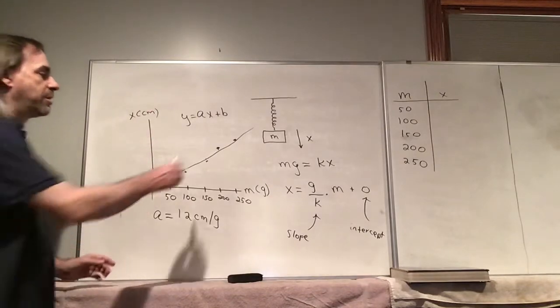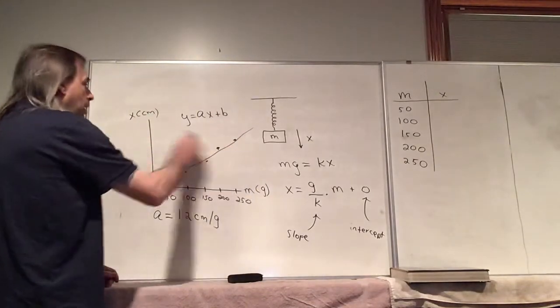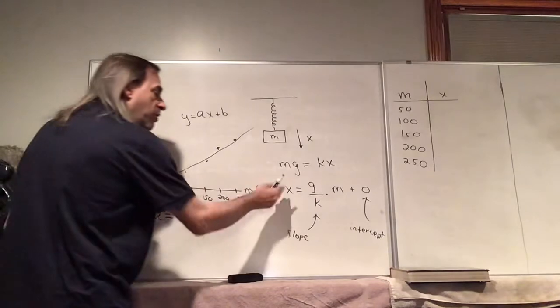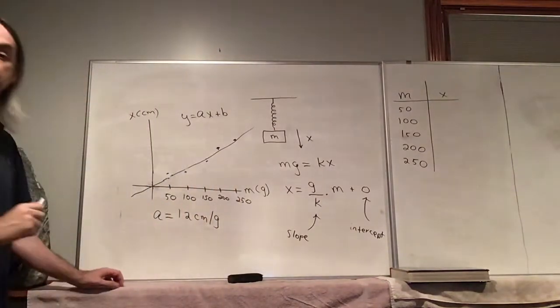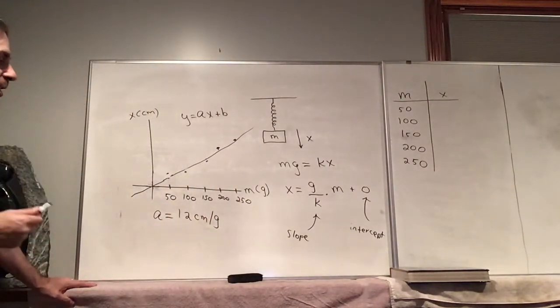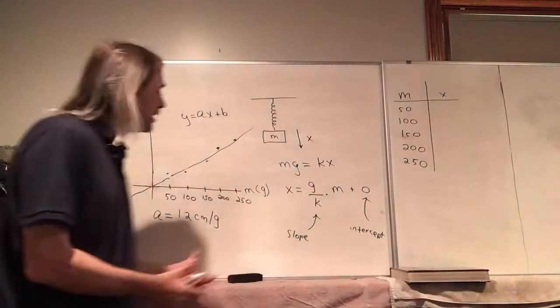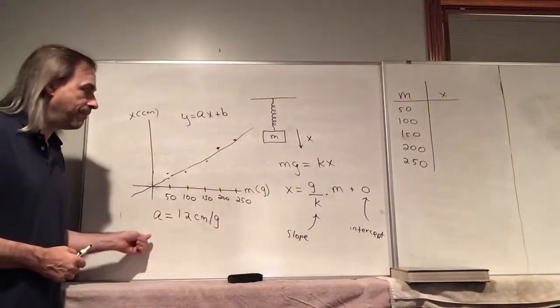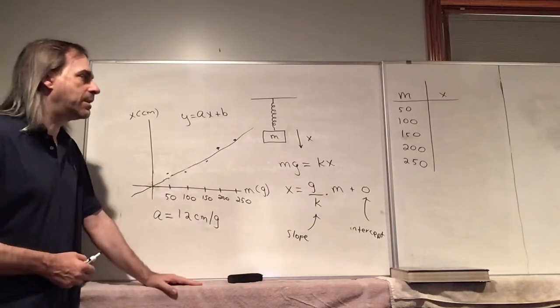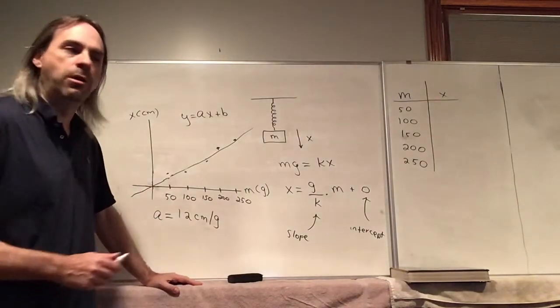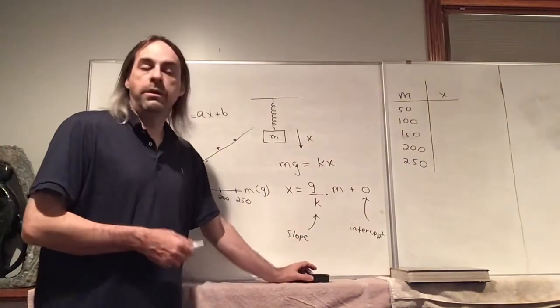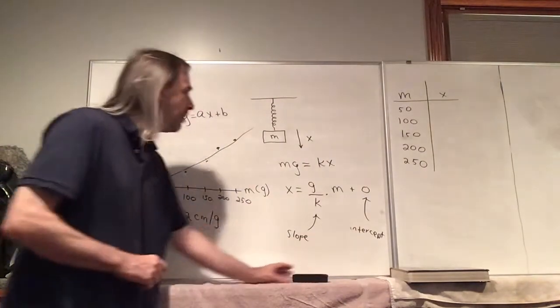And again, it's a slope. So remember, slope is a change in the vertical scale, which is in centimeters, over a change in the horizontal scale, which is in grams. So what we do with the data, we take this table, we plot it and take the best fit line, and that gives us a. There might be other examples where we would want the intercept either instead of the slope or in addition to it.